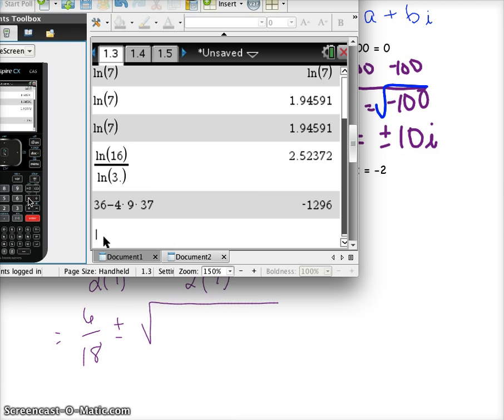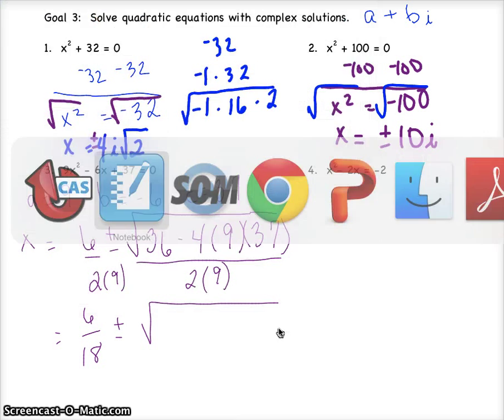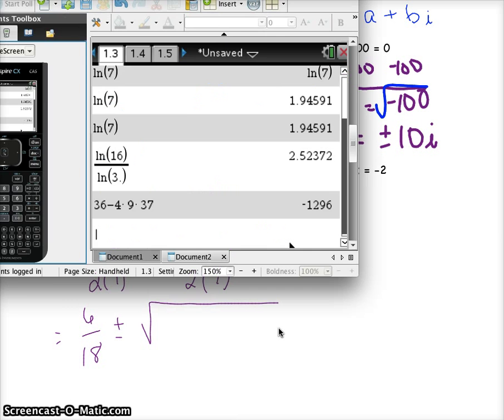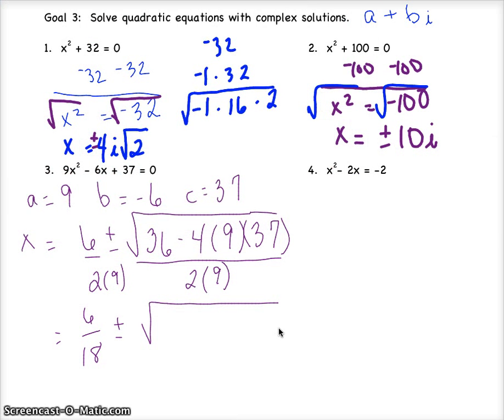So that gives us negative 1,296. 36 minus 4 times 9 times 37. Yes, so negative 1,296. All divided by 18.